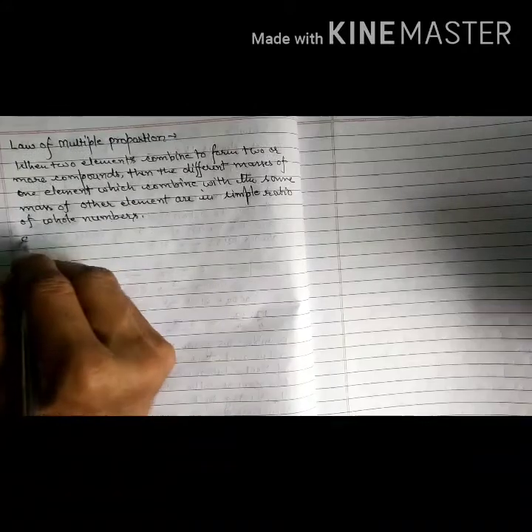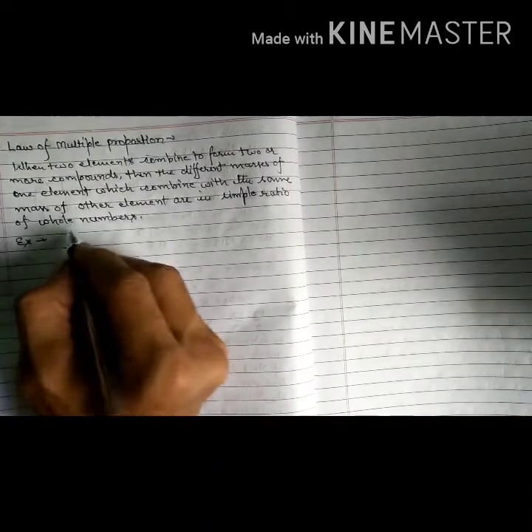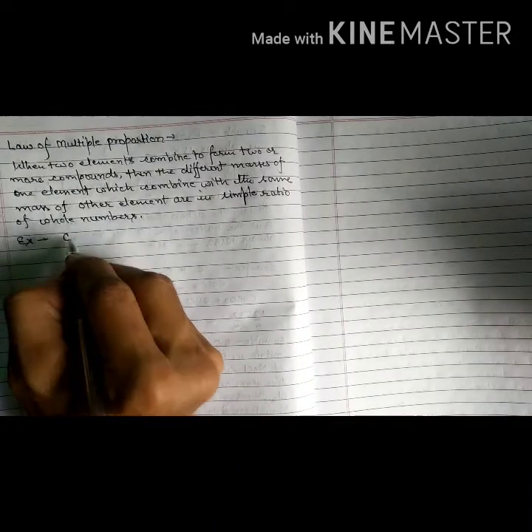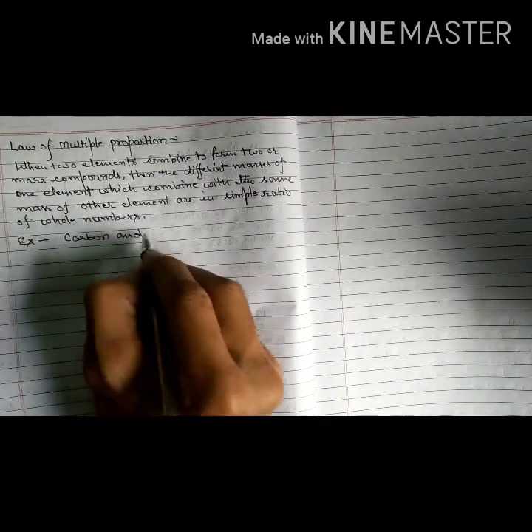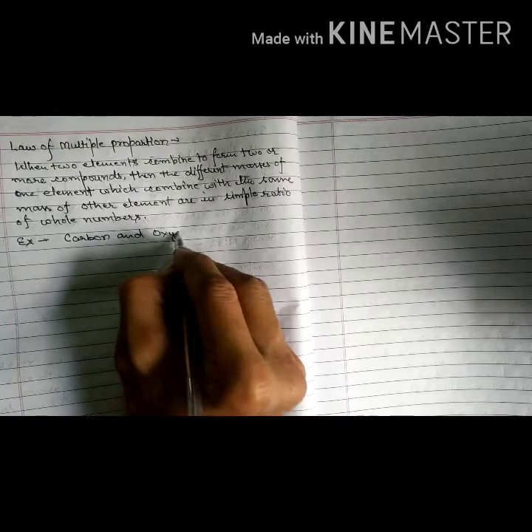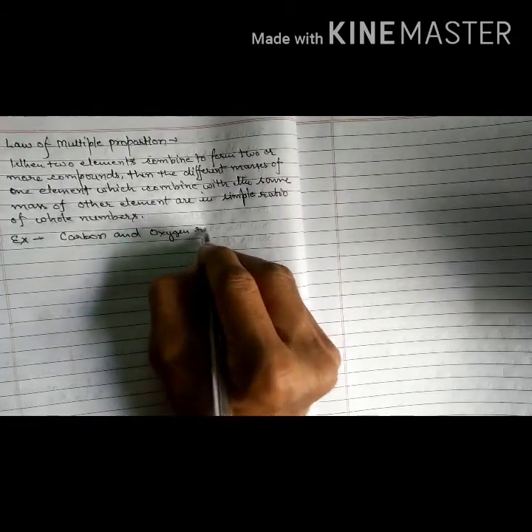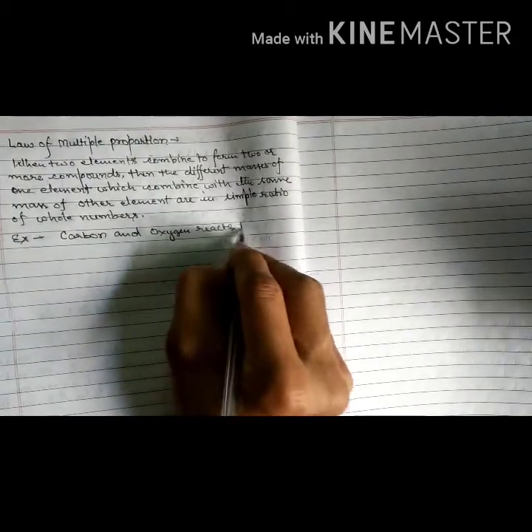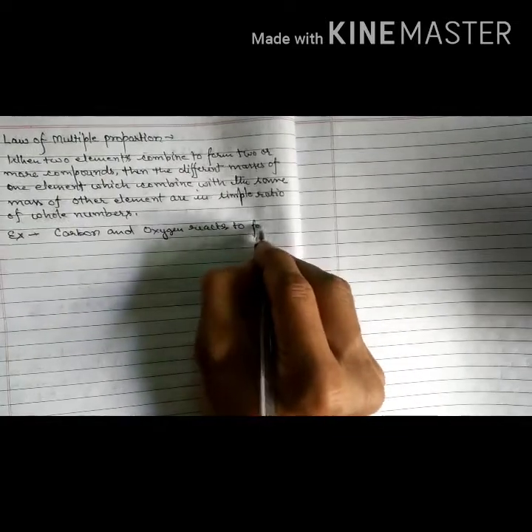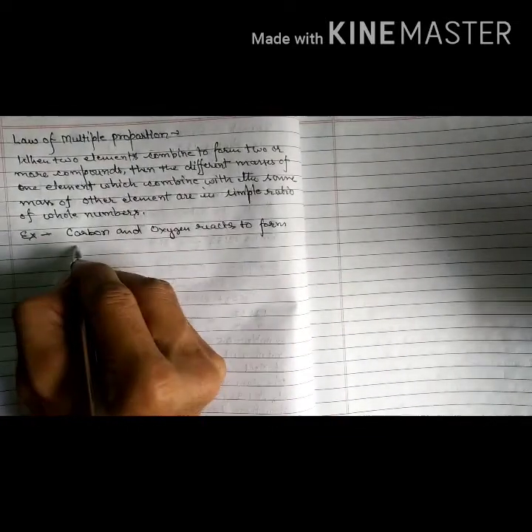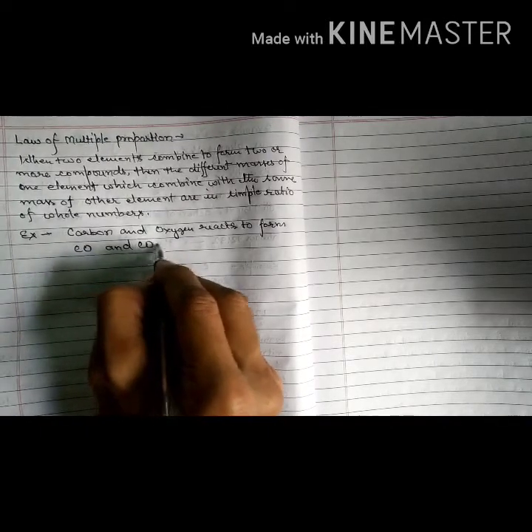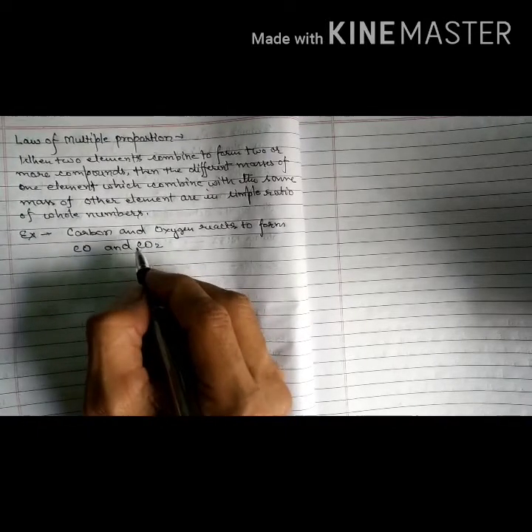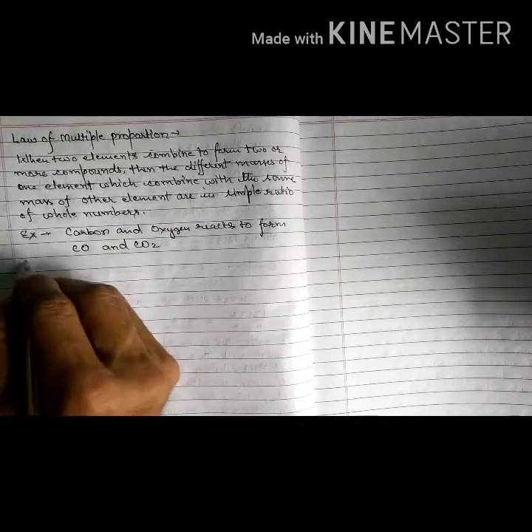For example, carbon and oxygen react to form CO and CO2, that is carbon monoxide and carbon dioxide.